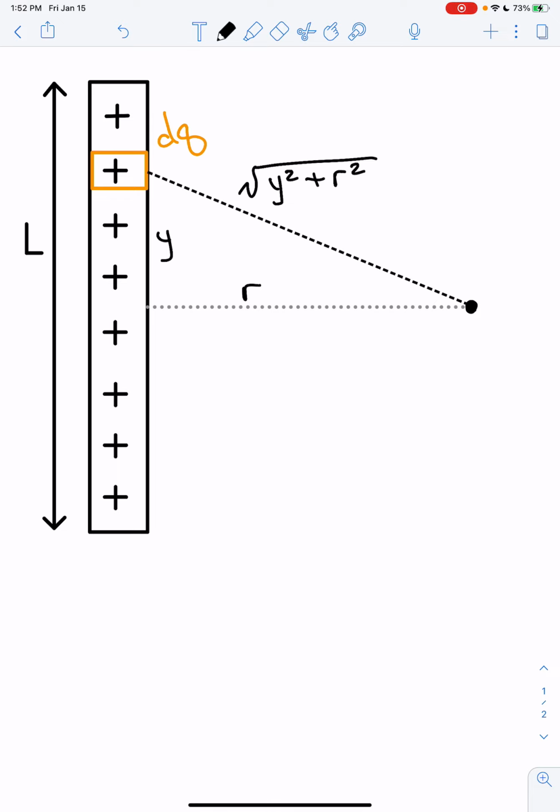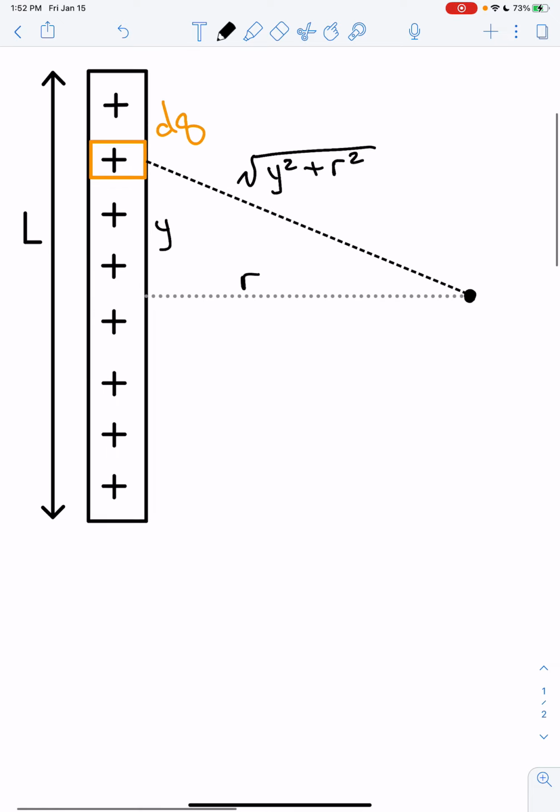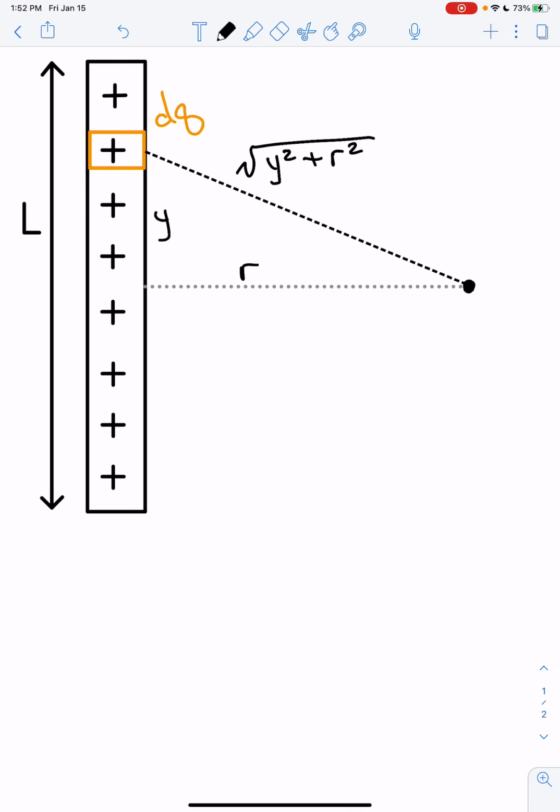Now, the other thing that we're going to need to think about is the charge density. There's going to be some sort of total charge Q on this object. If we divide that by L, then we're able to get a linear charge density, which we will represent with lambda.